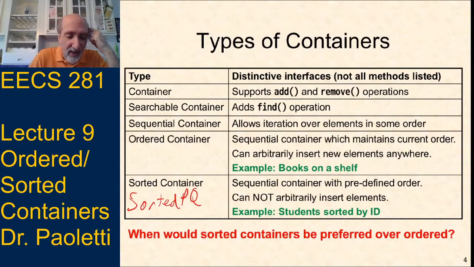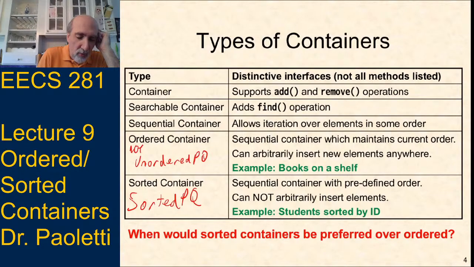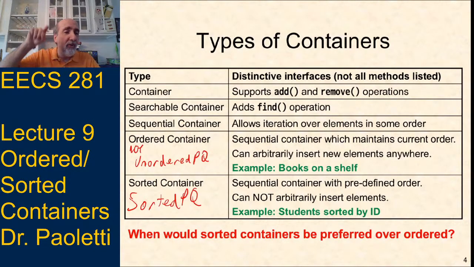One that is not ordered would be the unordered PQ that we provided for you. It really is unordered, and it's unordered because of how we pop things. If you look at unordered PQ, when we say pop, which means the highest priority element, we don't find it and then move everything over by one.